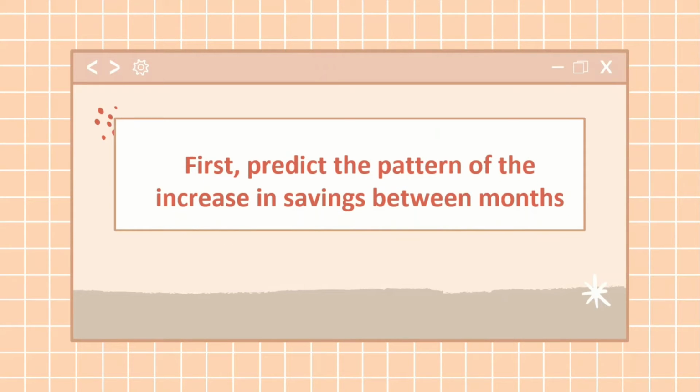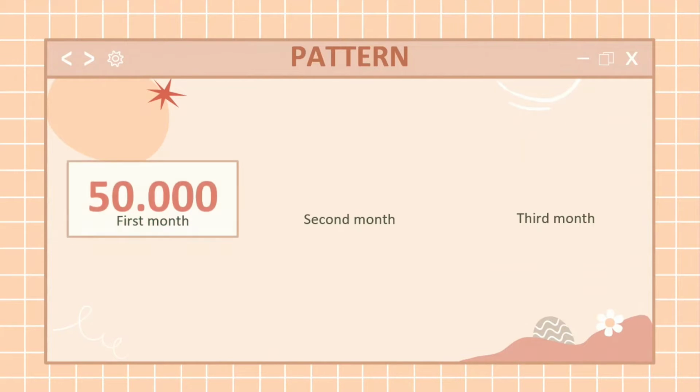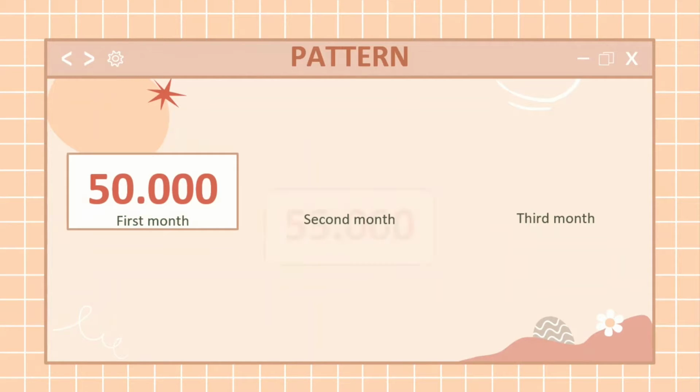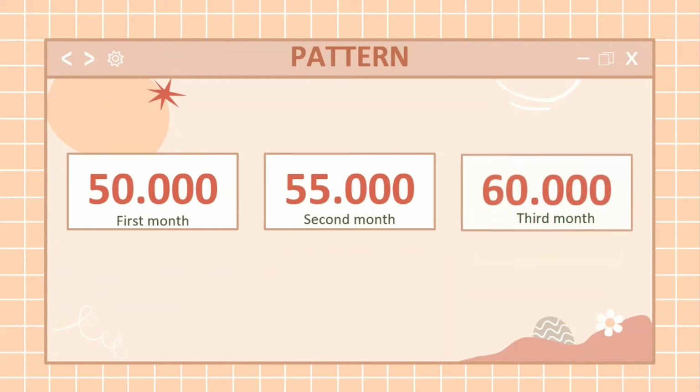First, predict the pattern of the increase in saving between months. 50,000 for the first month, 55,000 for the second month, 60,000 for the third month. We can analyze that from the first month to the second month is added by?